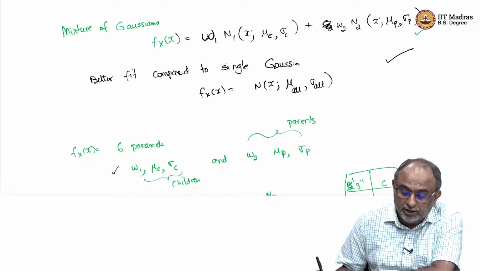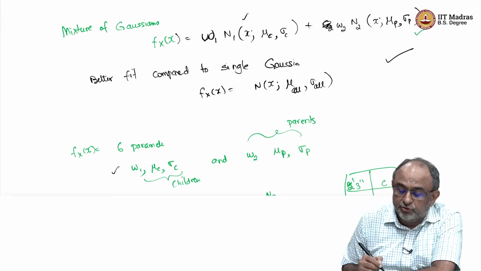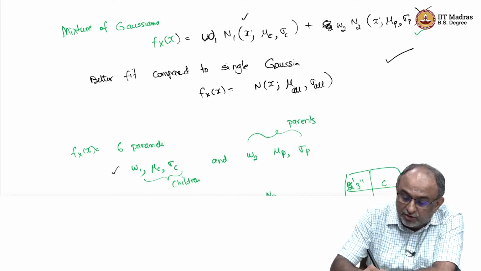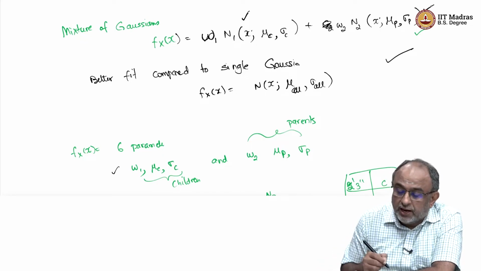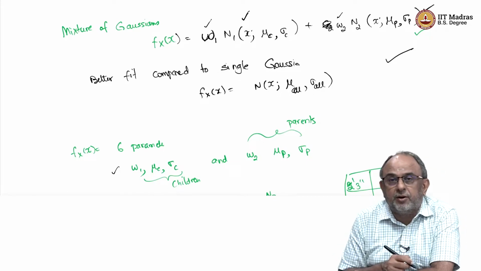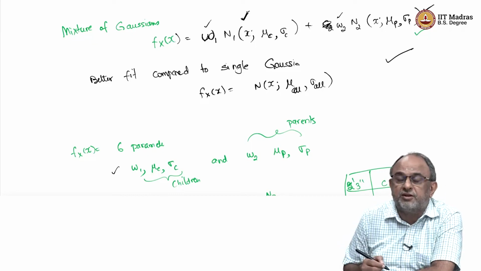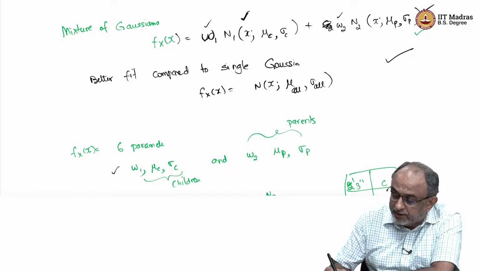If I knew the Gaussian for child, the Gaussian for adult, and the relative proportion of children and parents, then I have a complete description of the children density function and of the parent.